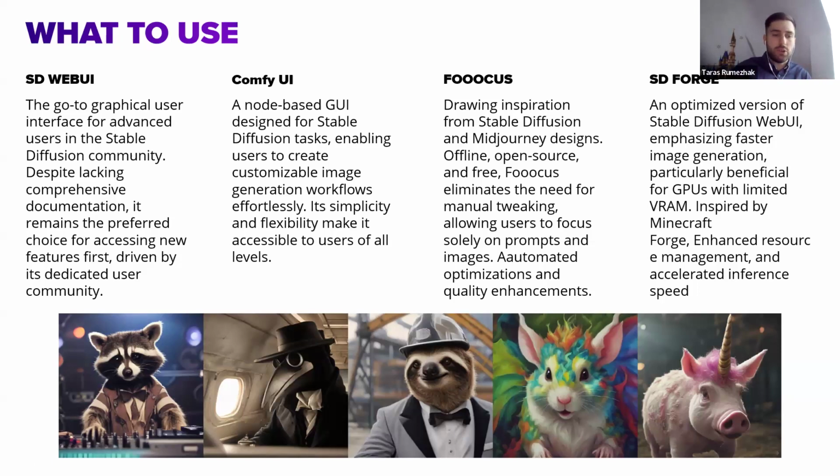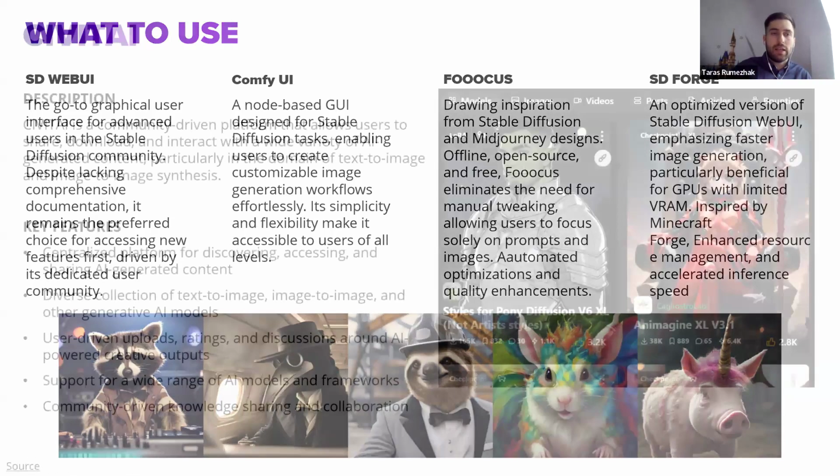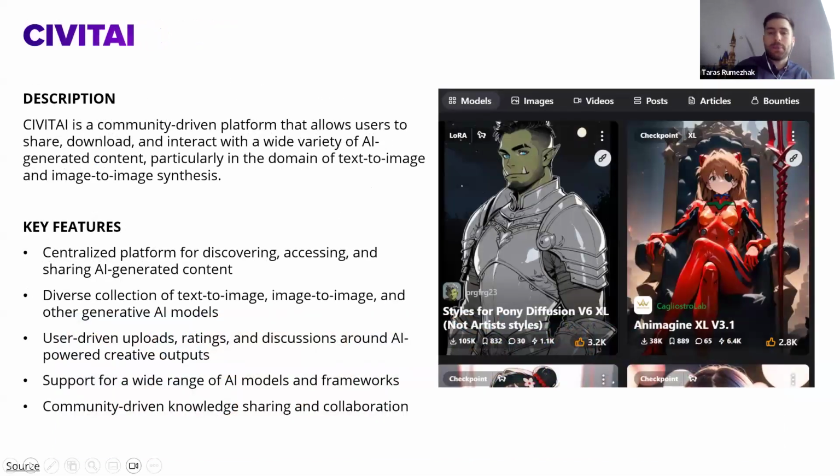Now let's talk about Civit AI. It's a great community-driven platform where there are a lot of models, a lot of LoRAs, low-rank adaptations, like small fine-tuned versions of Stable Diffusion for specific needs. For example, if you want to generate anime characters, or some monsters, I don't know.